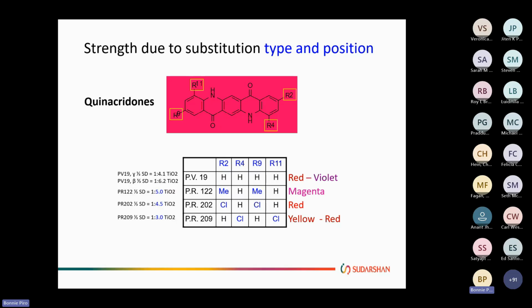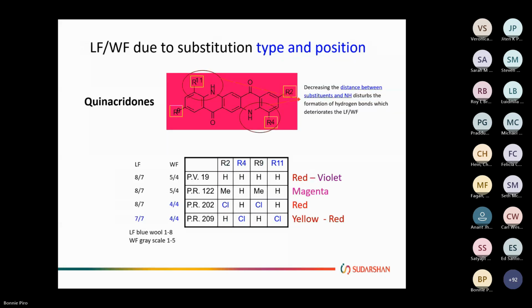But if we stay with the chlorine and move over to the R4, R11, the bottom right, top left, for the pigment red 209, we see a decrease in strength. So again, the type and the positioning of that substitution will dictate the strength that you can achieve from those particular pigment products.